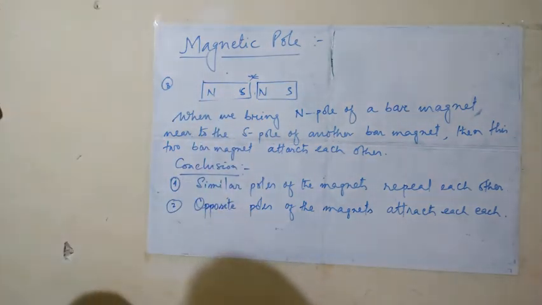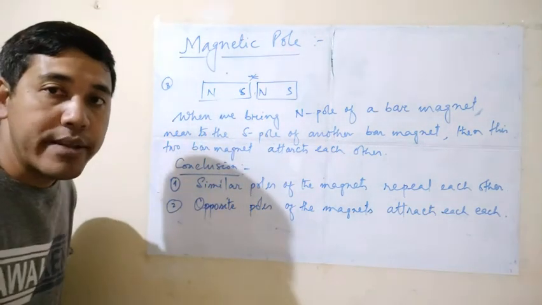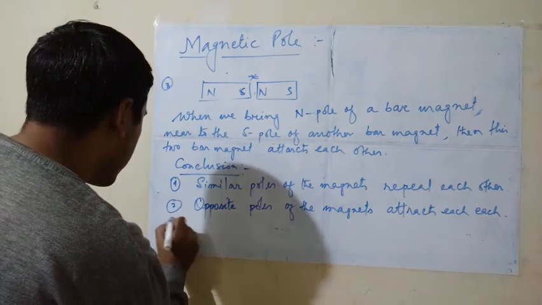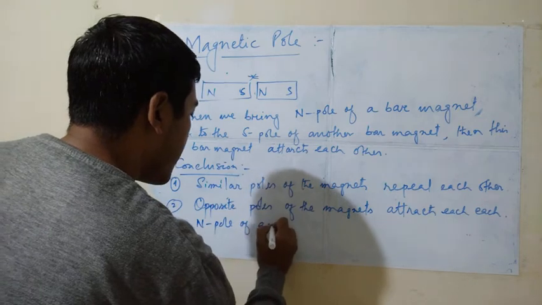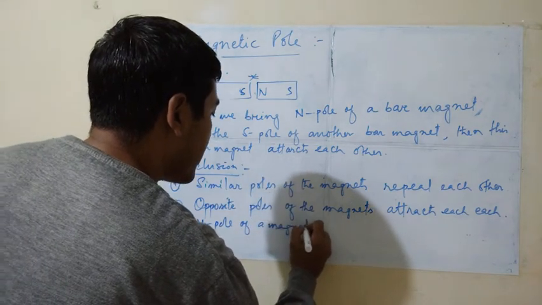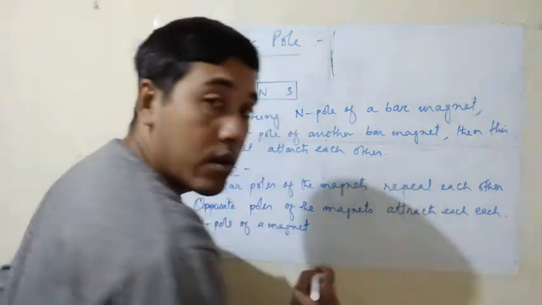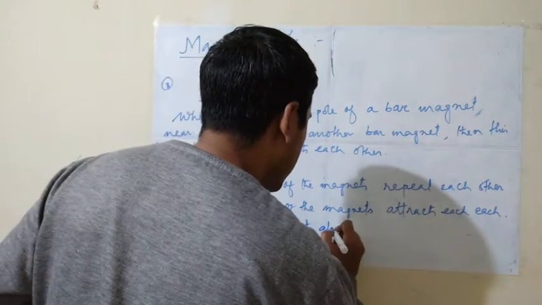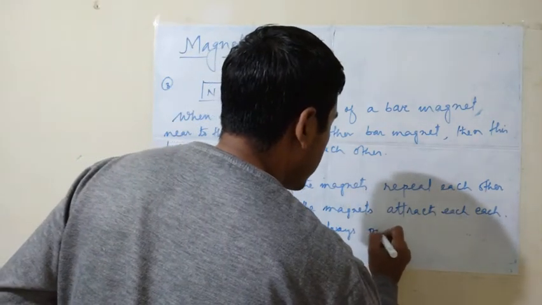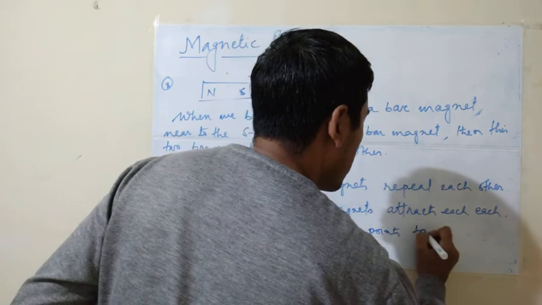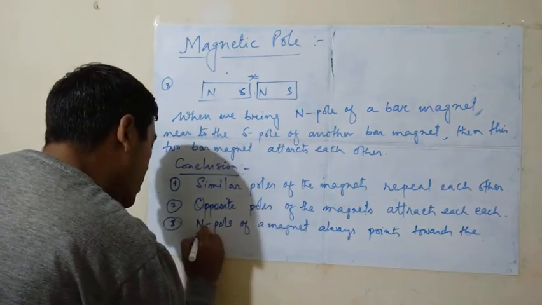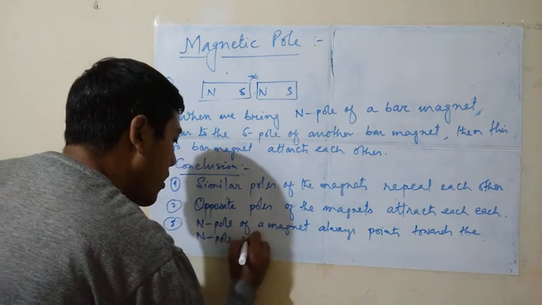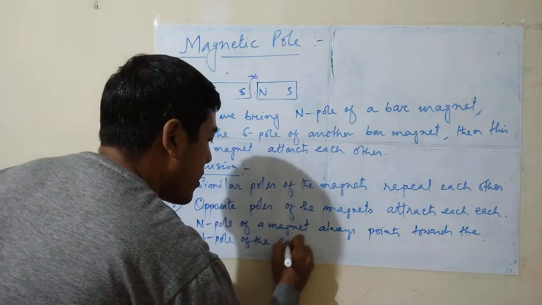Right? And next, we want to put another point, that is: the north pole of a magnet always points towards the North Pole of the earth.